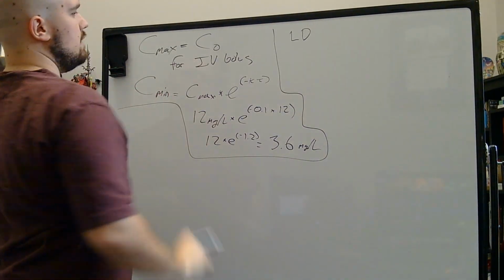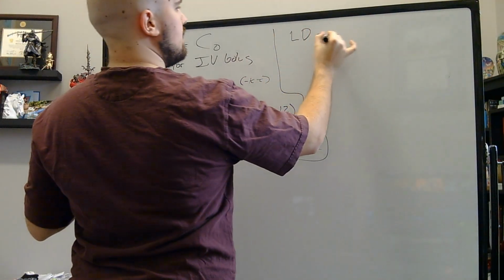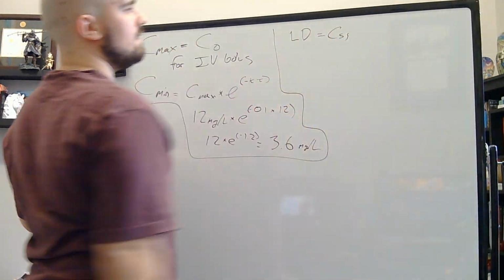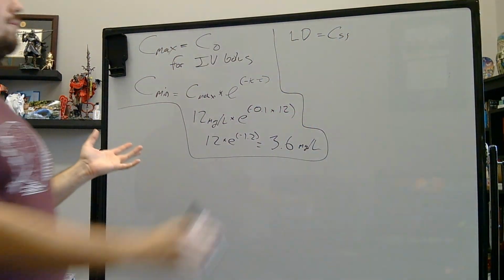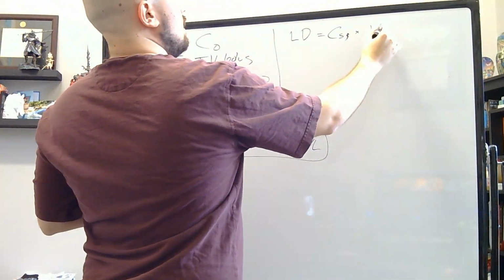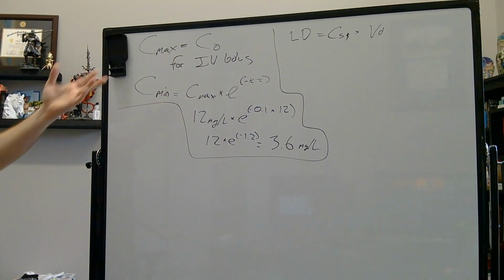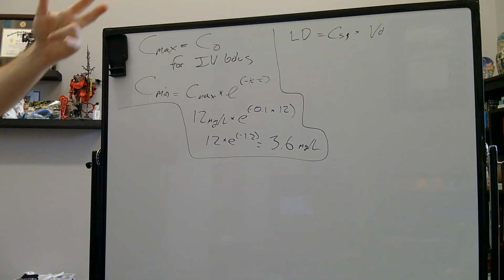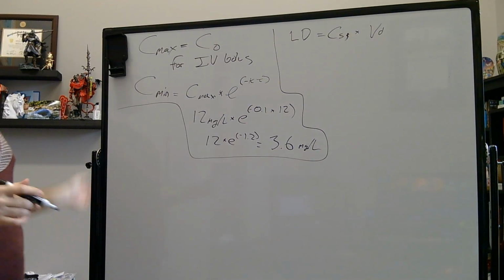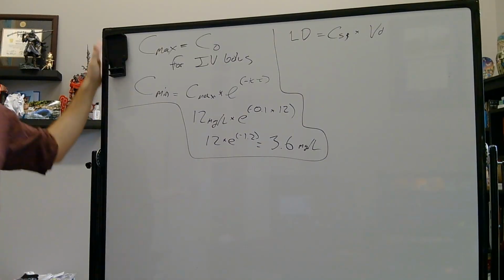Just clinically, if you know what the concentration at steady state should be, and you know their volume of distribution, then you can multiply them together and get the loading dose, which is the initial amount of medication that you should give to reach the steady state concentration faster.